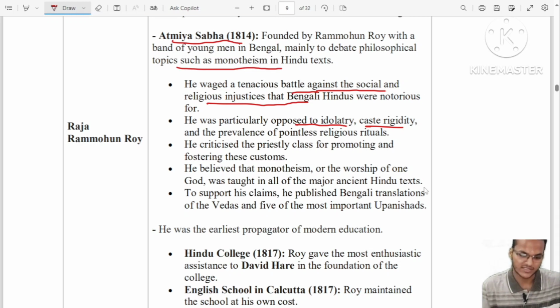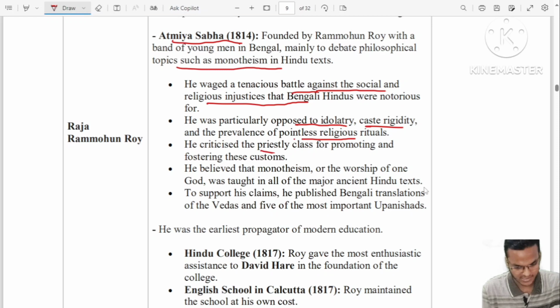He opposed caste rigidity and the prevalence of pointless religious rituals such as sati and female infanticide.